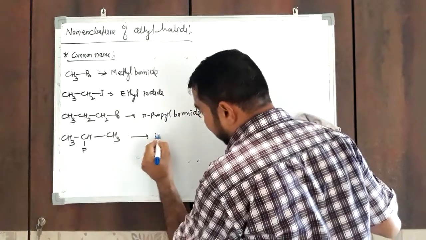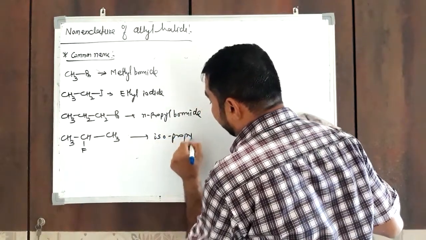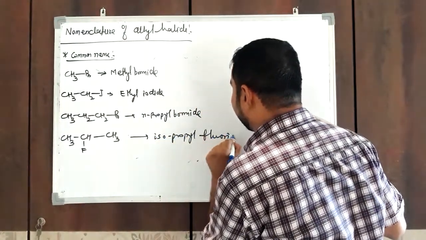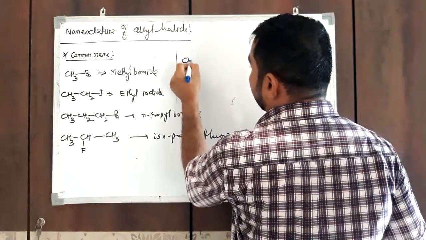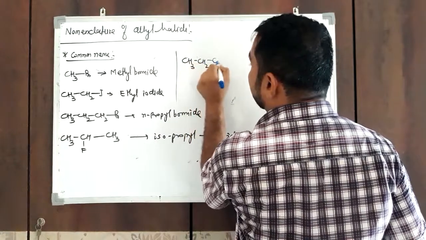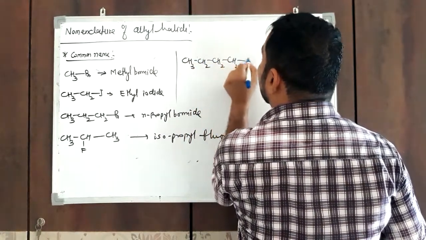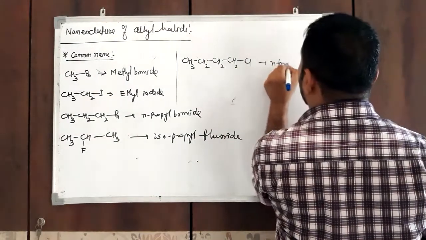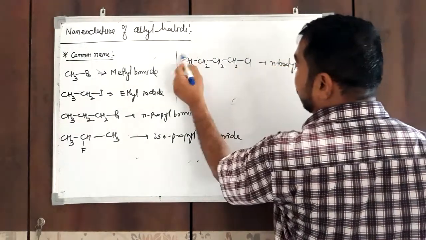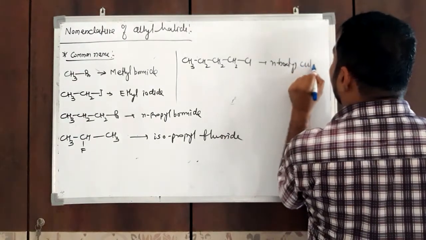So therefore isopropyl fluoride. Okay. Then next example, CH3CH2CH2CH2Cl, that is n-butyl chloride. This is n-butyl group, butyl chloride.